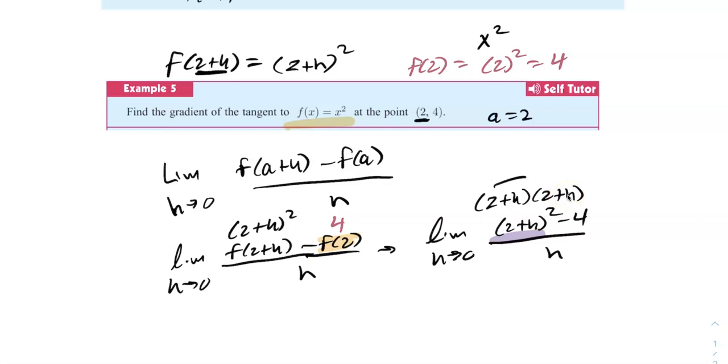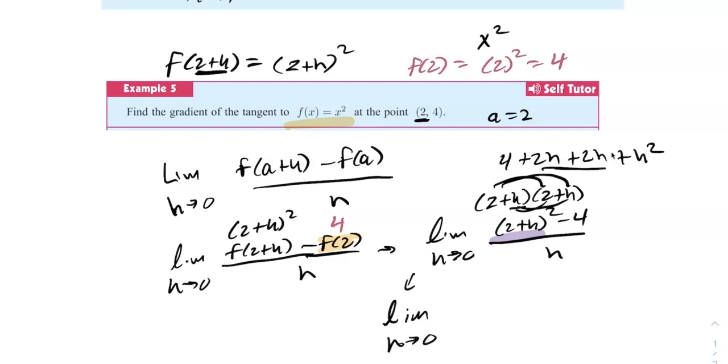Then we distribute. 2 times 2 is 4. 2 times h is 2h. H times 2 is 2h. H times h is h squared. If I add like terms, the middle terms here, I get this: the limit as h approaches 0 of 4 plus 4h plus h squared minus 4 all over h.